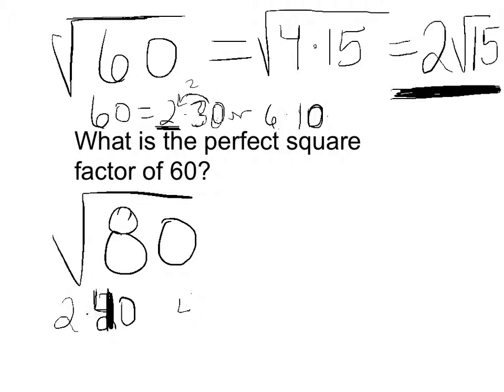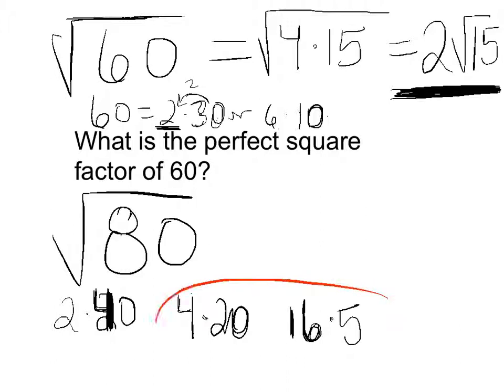Oh my goodness. 4 times 20 and 16 times 5. Now, both of these factor pairs have a perfect square factor: 4 and 16.